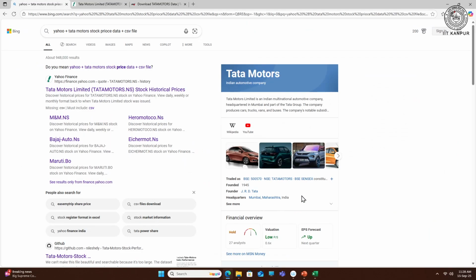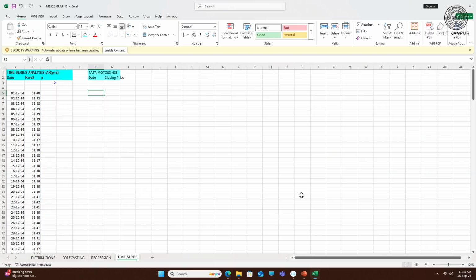I will put the dates in the order of 1, 2, 3, 4 rather than take the original ones, because I will explain later on. So, I have the closing price, serial number, this is in rupees, and I will take the prices only without the decimal.